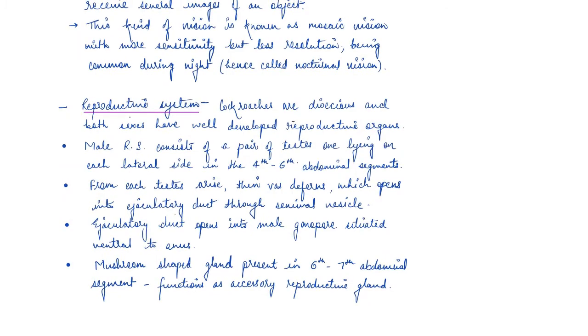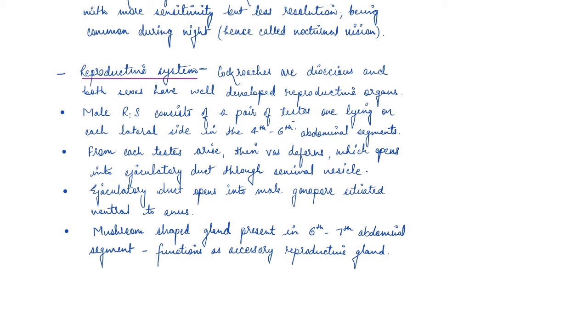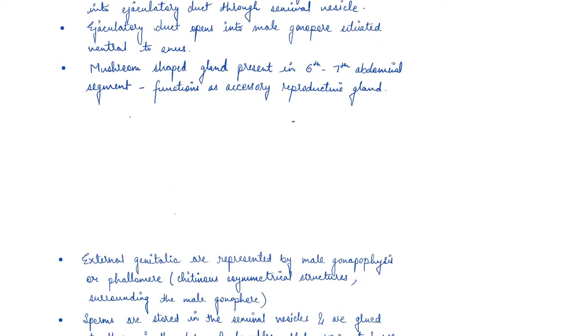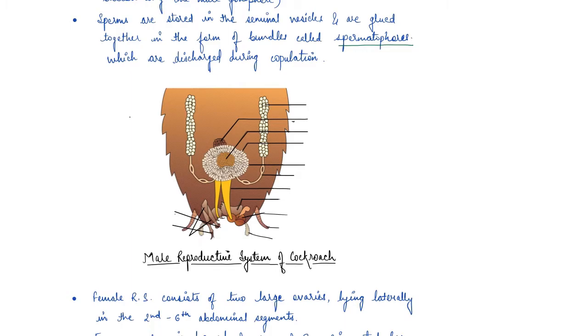So cockroaches are dioecious. That means both sexes have well developed reproductive organs, and they are separate. Now, the male reproductive system consists of a pair of testes. I'll explain it with the help of the diagram. So this is the testis, right?